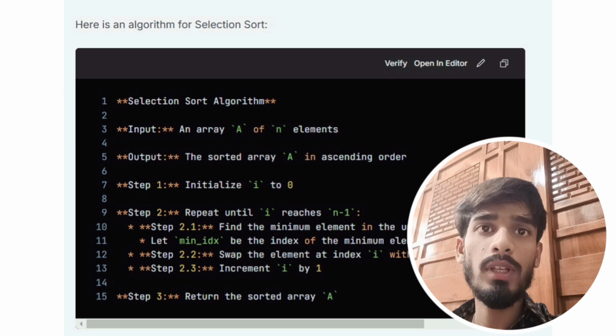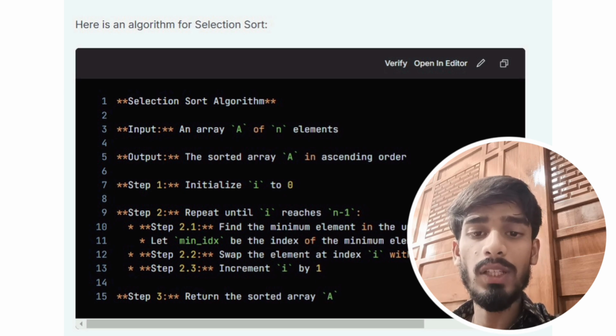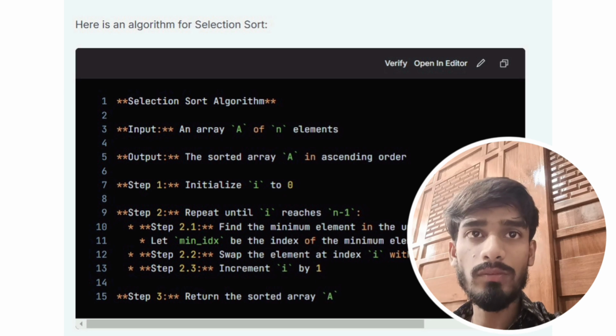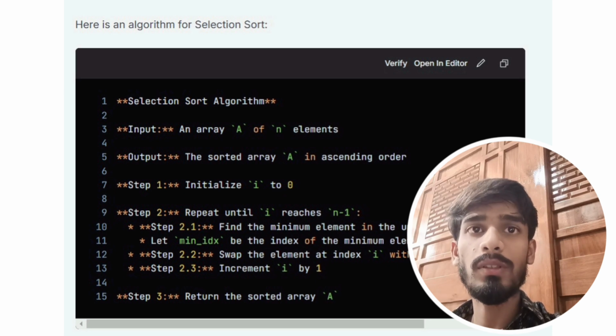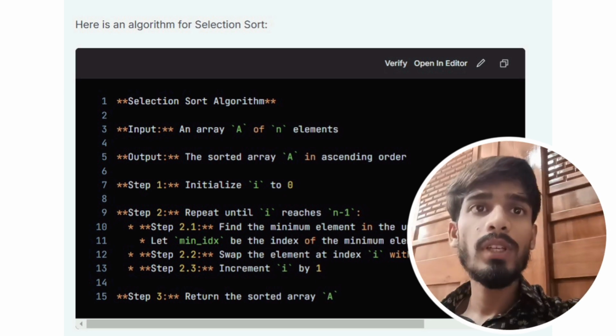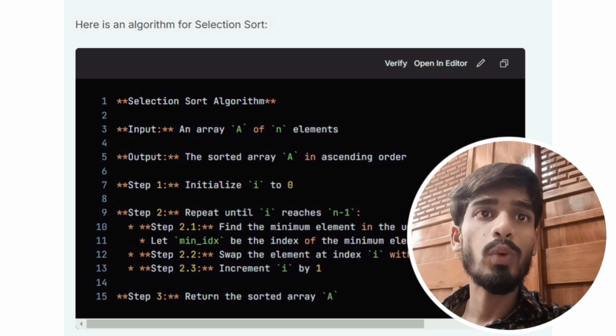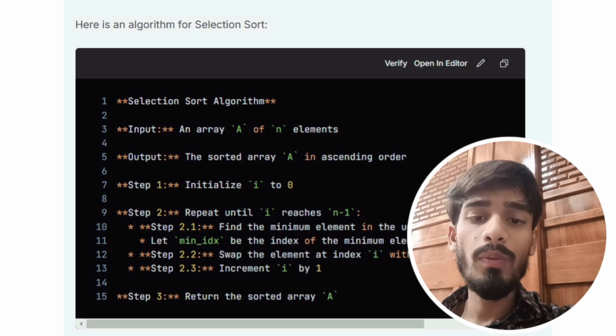Next, we have three main steps. First, initialize i to 0. Step 2, repeat until i reaches n minus 1. In this step, we find the minimum element in the unsorted portion of the array, A of i to n minus 1.